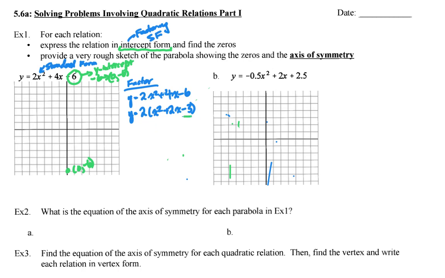Now let's identify the negative 3. The negative 3 has factors of 1 and 3. So now we'll break our y equals 2, and then we have a first bracket and a second bracket. We have x and a 3, and then an x and a 1. Now, we have to take those 2 numbers, 3 and 1, and make them add to the center term. So we have to have plus 3 and minus 1 as our factored form, otherwise known as intercept form.